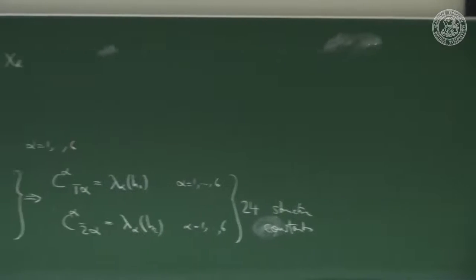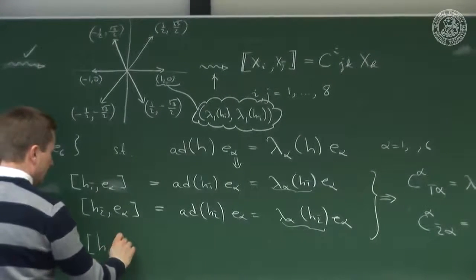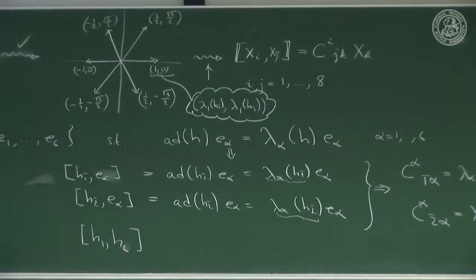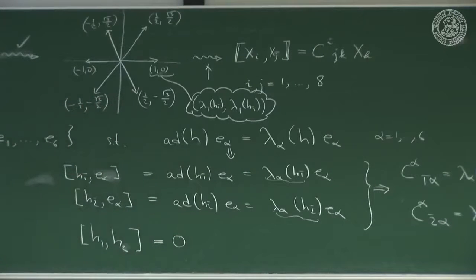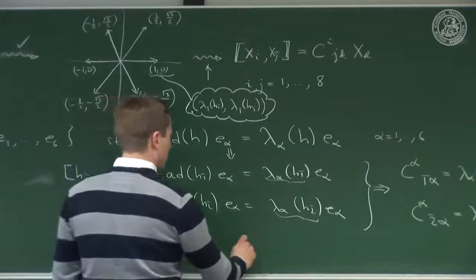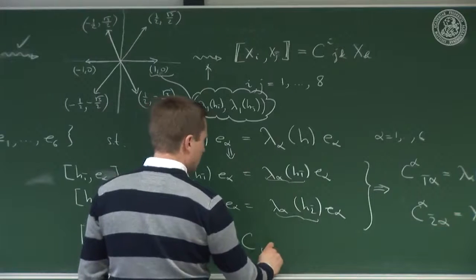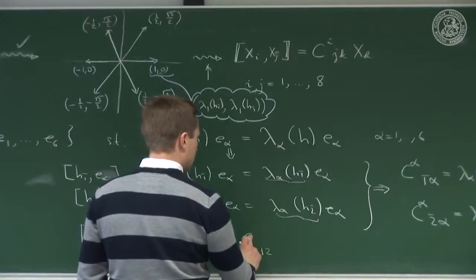Sorry, let me add this. We know that if we have H1, H2, and we have a simple Lie algebra, the Cartan subalgebra is always abelian, so we also learn about the coefficients C1,1, 1,2, all of these, but the non-trivial ones are these here.